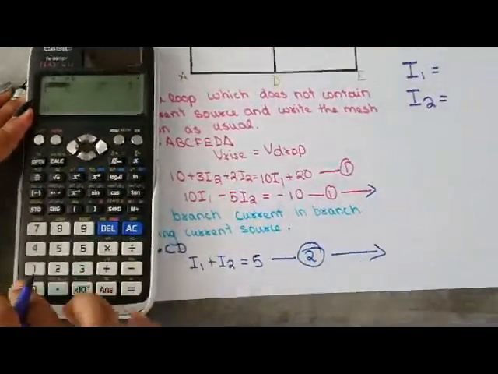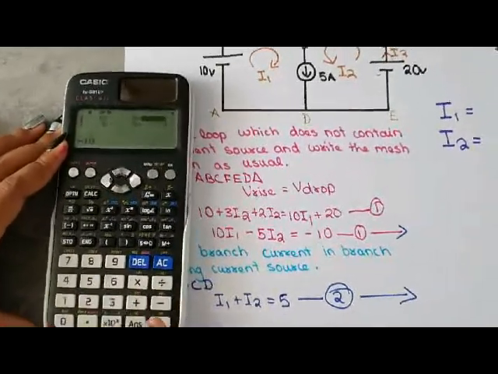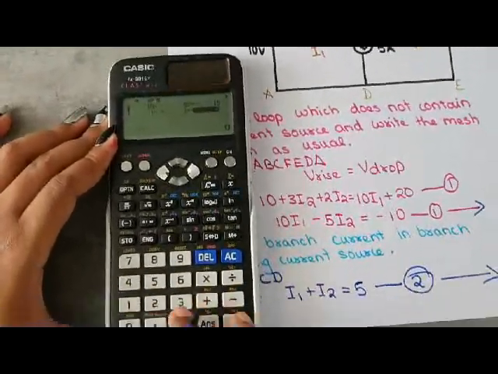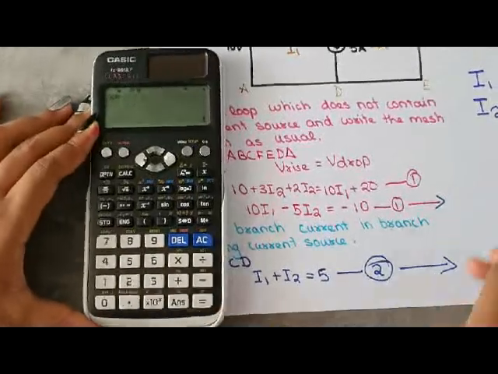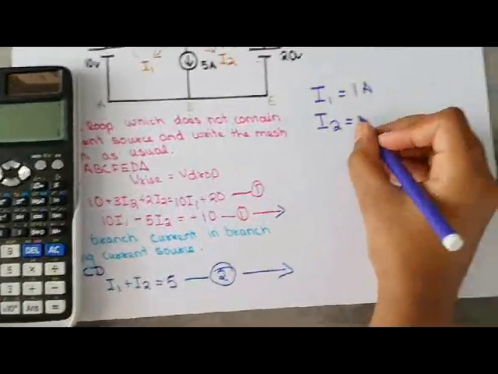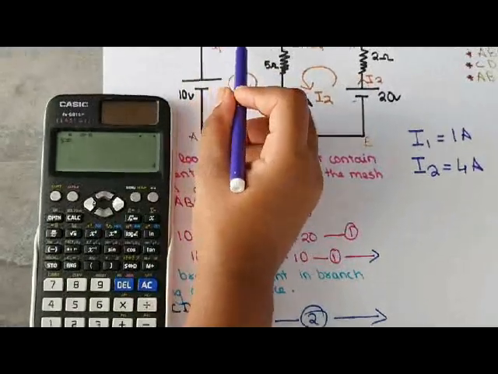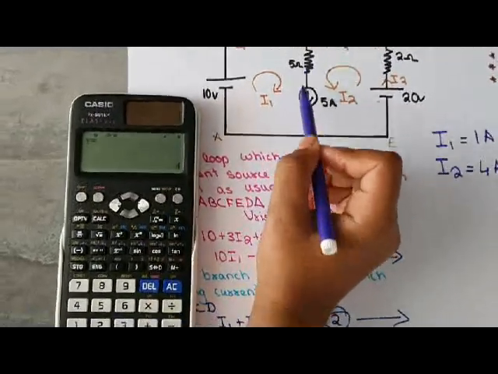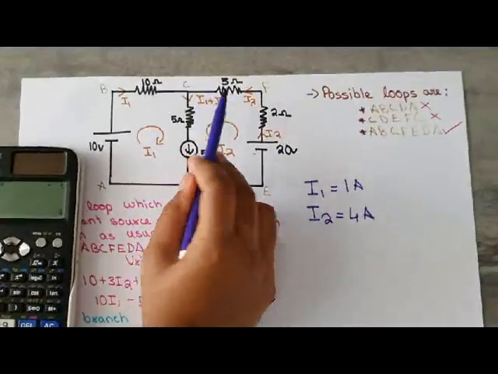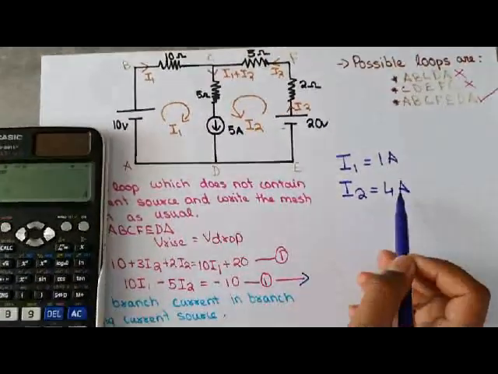The I1 value is 1 ampere and the I2 value is 4 ampere. Now we have the current values. I1 here is 1 ampere, I1 plus I2 is 5 ampere, we already know that. Here I2 is 4, and here also it's 4, so the whole I2 part will be 4 amperes.